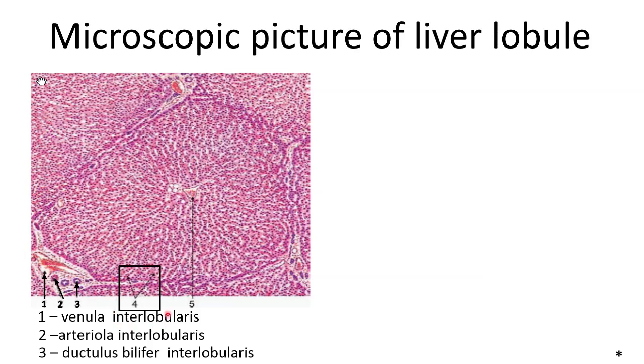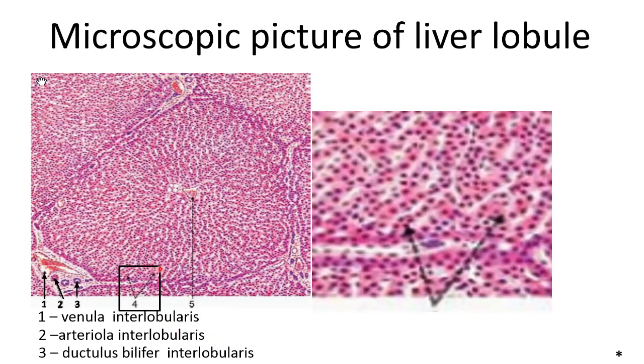And now this rectangle I use for magnification. This space was magnified in this picture close to the main one, and it is a demonstration of the trabeculae of the liver. Here they are, and the spaces between them are sinusoids.